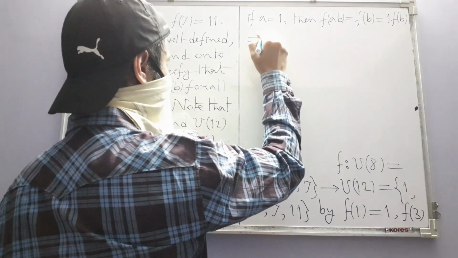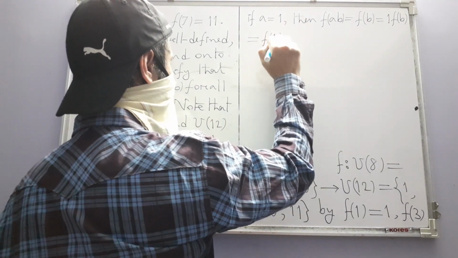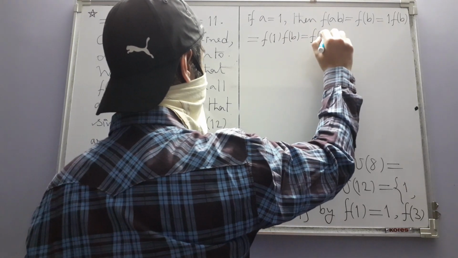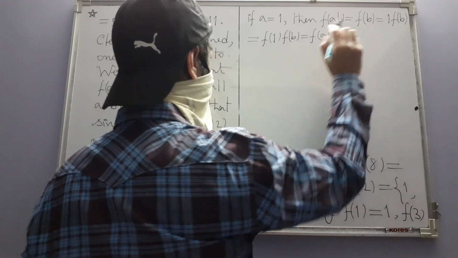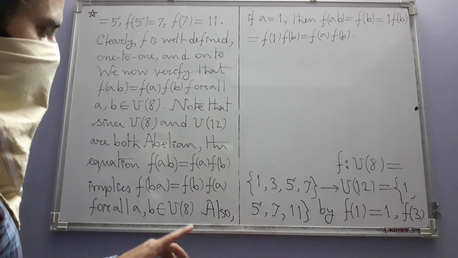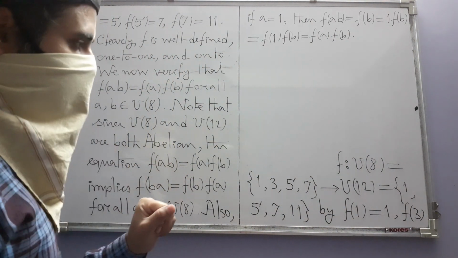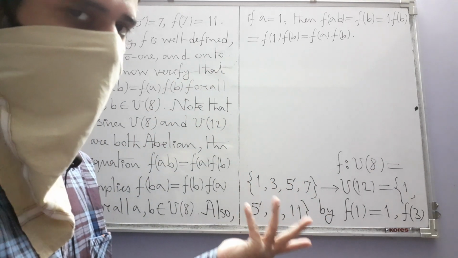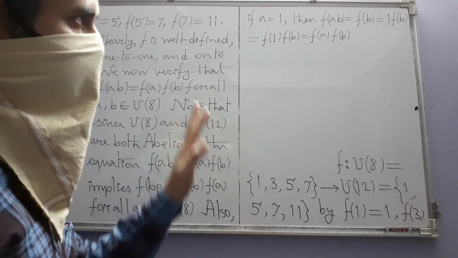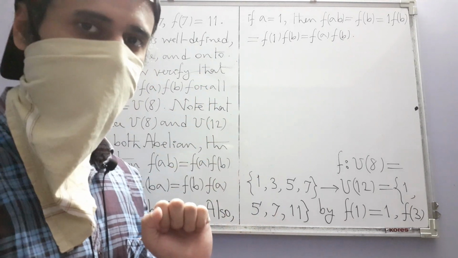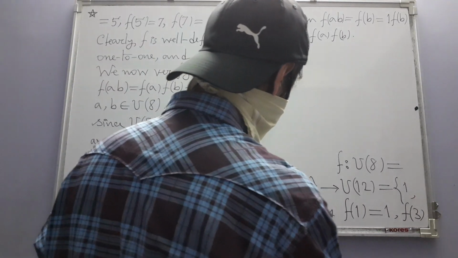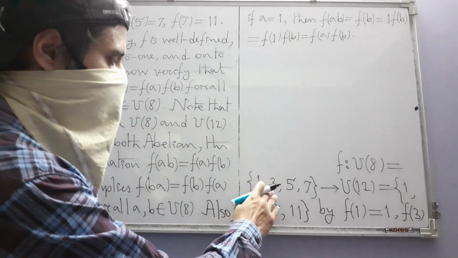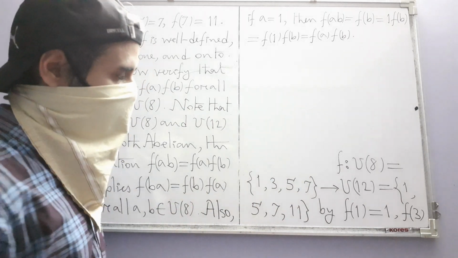So in place of 1, we can write f of 1, which is nothing but f of A. In other words, if at least one of these two elements is 1, then automatically it's verified. Our formula, or whatever condition we want to verify, is true. So we need not worry about 1. We have to look for the other possible products.